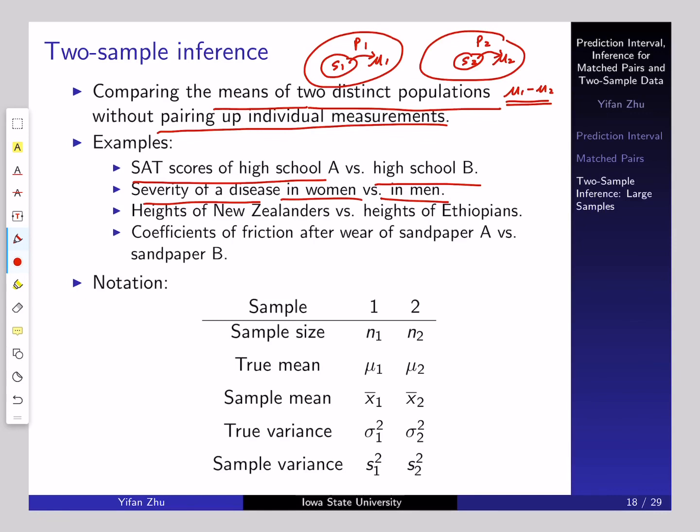Heights of New Zealanders and heights of Ethiopians. People in two countries are two populations. Coefficients of friction after wear of sandpaper A versus sandpaper B. So these two sandpapers also provide us two different populations, and we collect samples from these two populations.